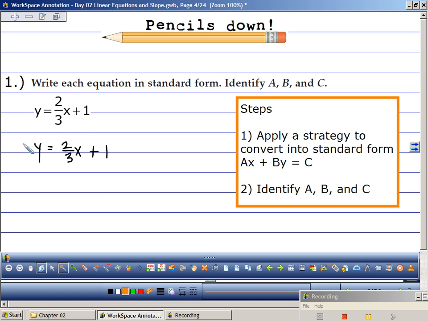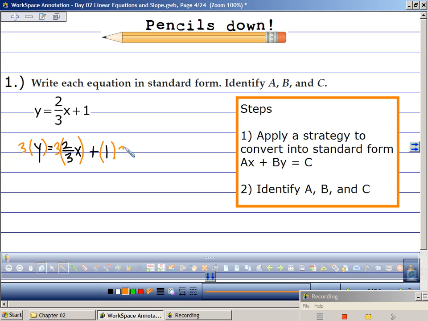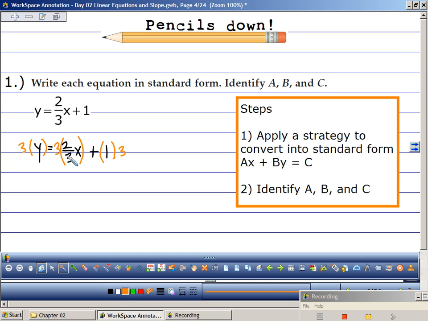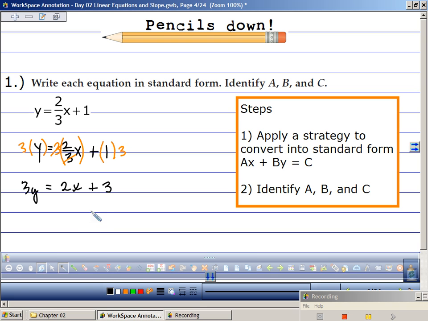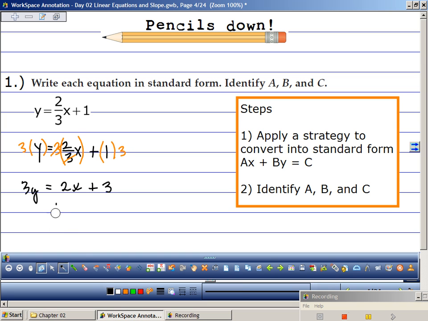I'm going to multiply everything by 3. When I do that, the 3 goes away, and now I have 3y equals 2x plus 3. Close, right? Almost in standard form. So I'm going to subtract 2x from both sides.